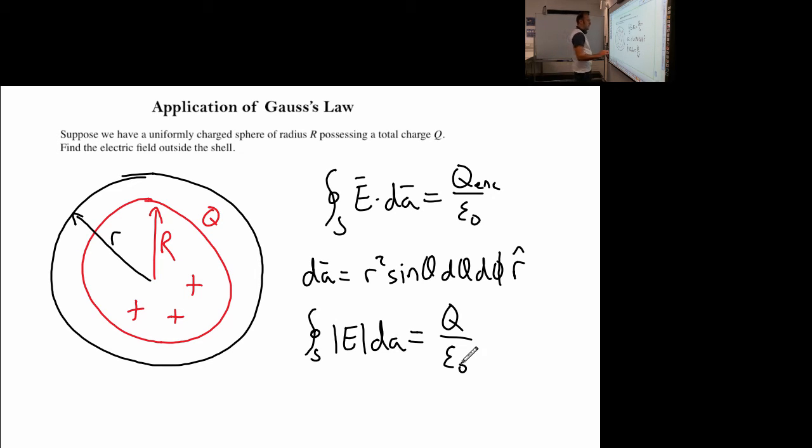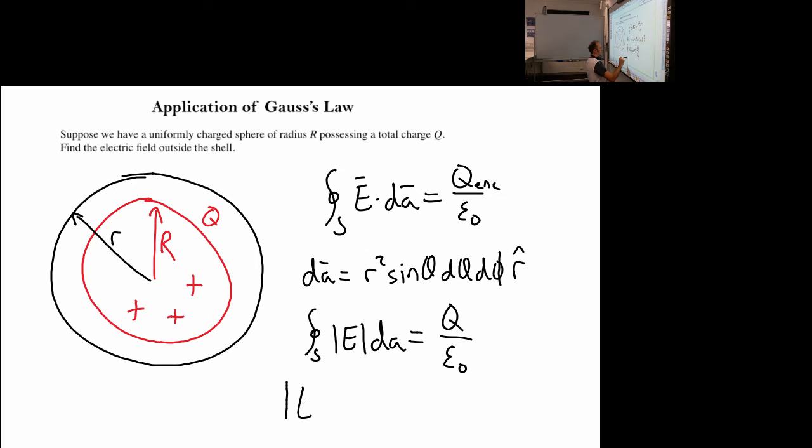So we integrate theta between 0 and pi, and phi between 0 and 2 pi. And also, since the magnitude of the electric field is going to be constant over the surface, we can bring it outside the integral.